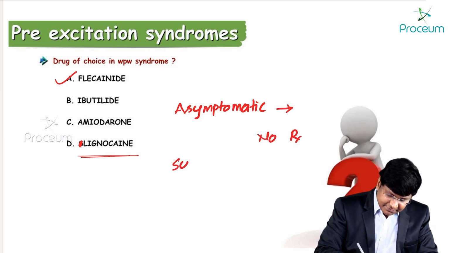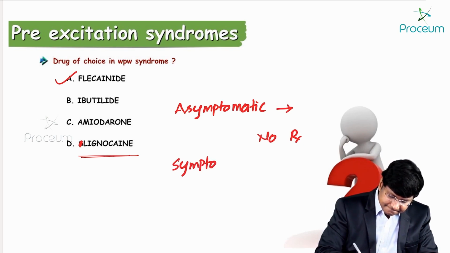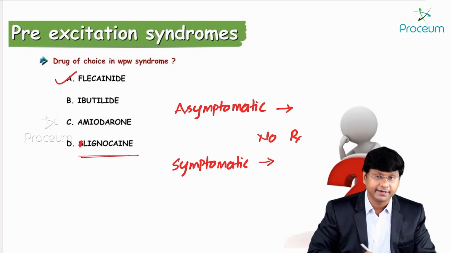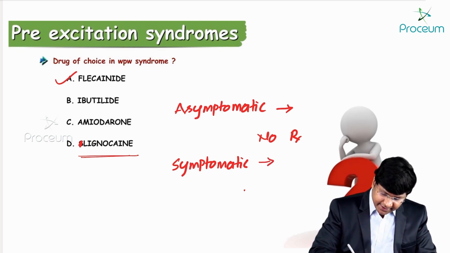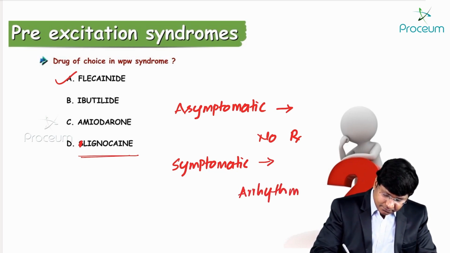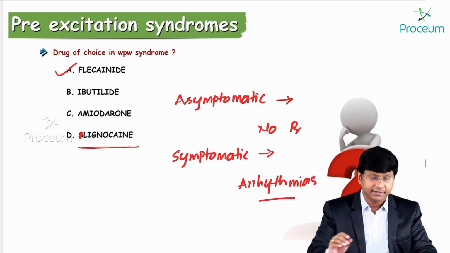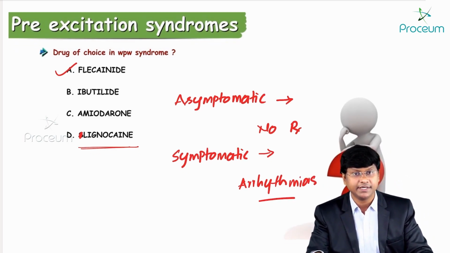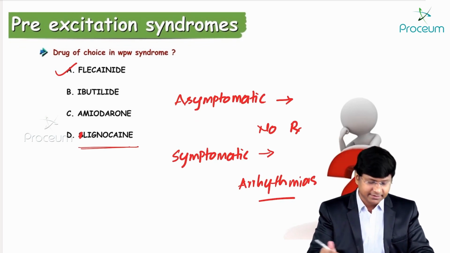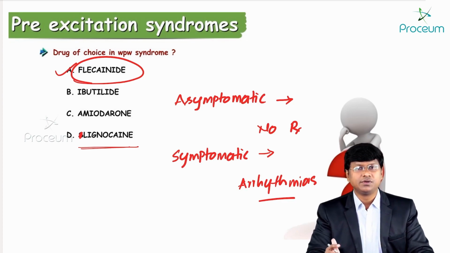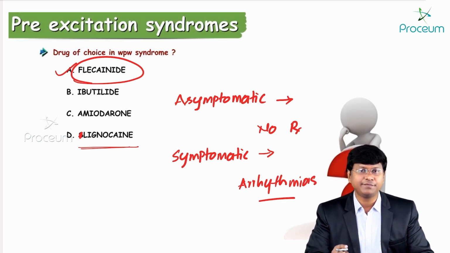But if the individual is symptomatic, that is the point when you have to treat for life-threatening arrhythmias. And what is the treatment you will give there? That is your flecainide.